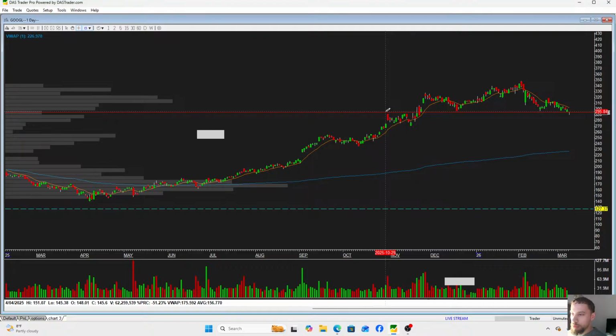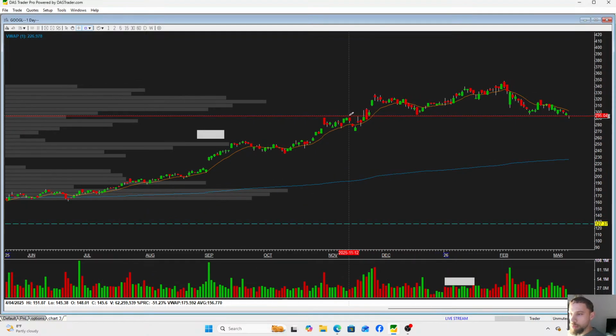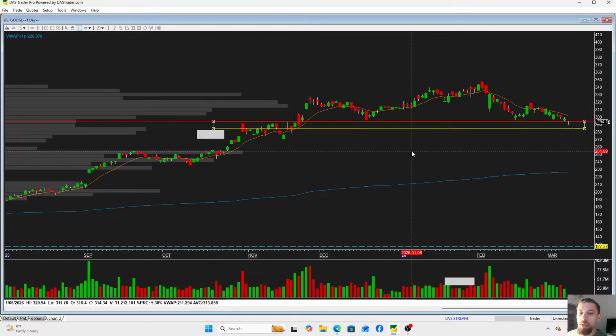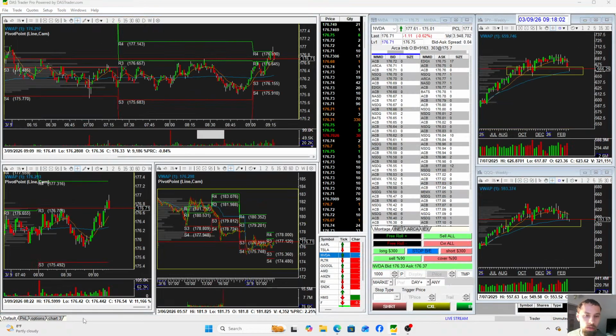So doesn't mean that the stock is going to break down, but a good area of resistance now for the stock is 295 for me, and just looking for areas of high liquidity for potential bounce. So a good area of support for me is 284. So this one's pretty interesting for me as well. Let's see what that does.